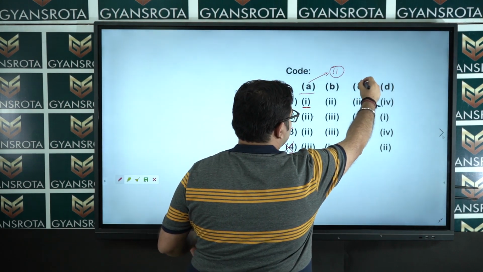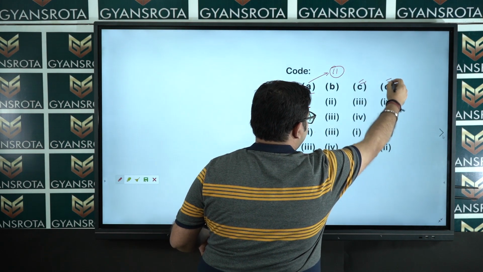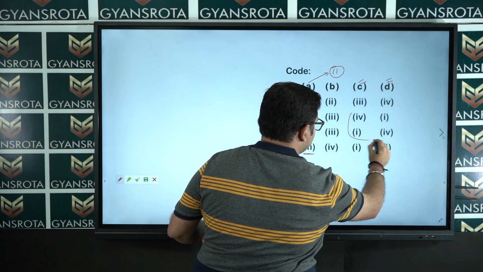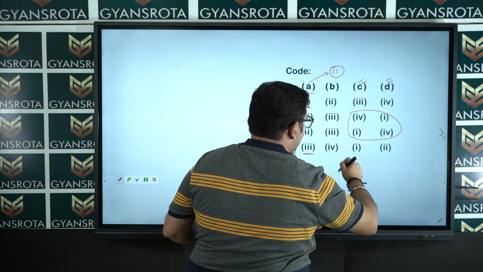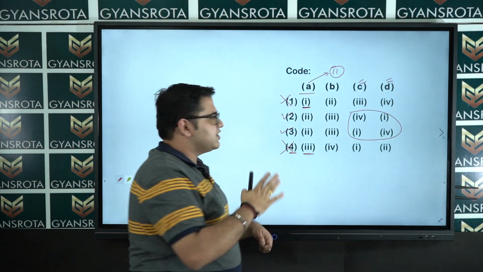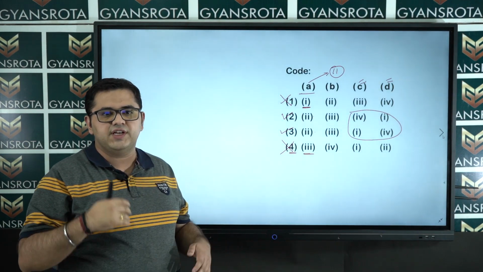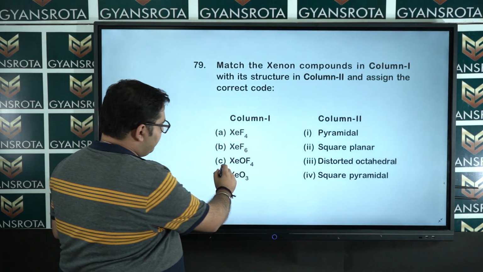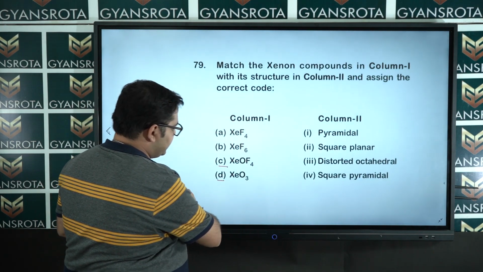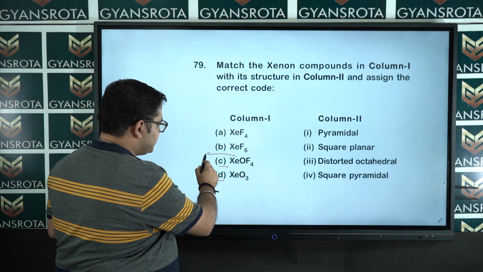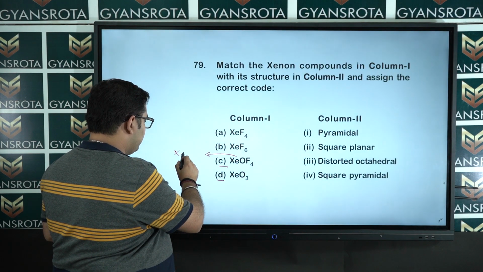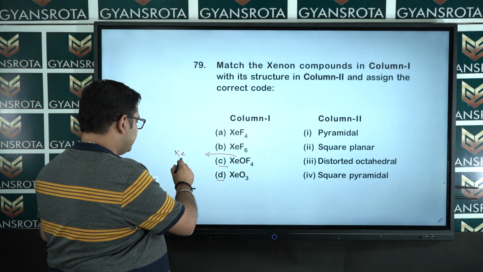Now if you see the structure of option C and option D, there is a major difference. Let us start with option C. XeO4. What is the structure?